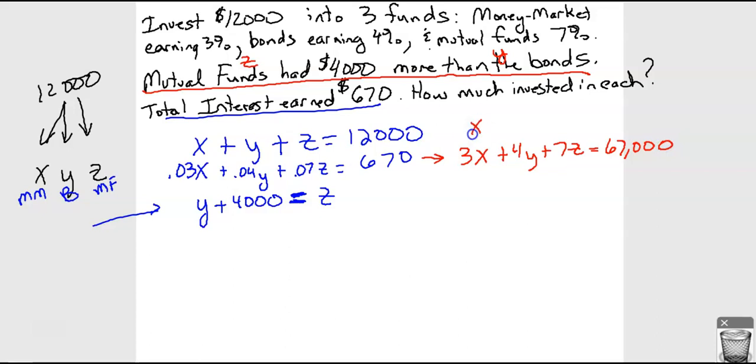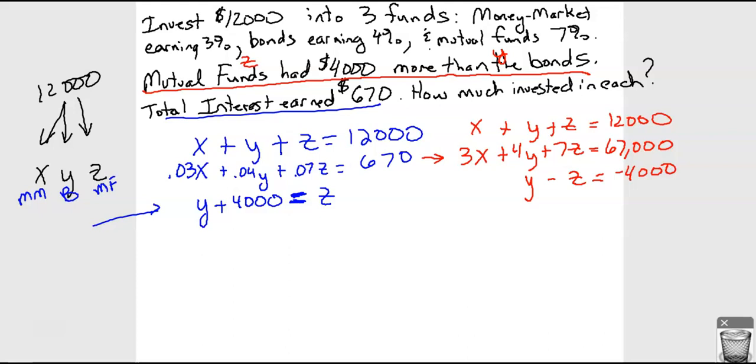This equation I'm not going to touch. And this one I'm going to get in the same format. So I'm going to get y minus z equals negative 4,000, so that way they're all set up the same way.